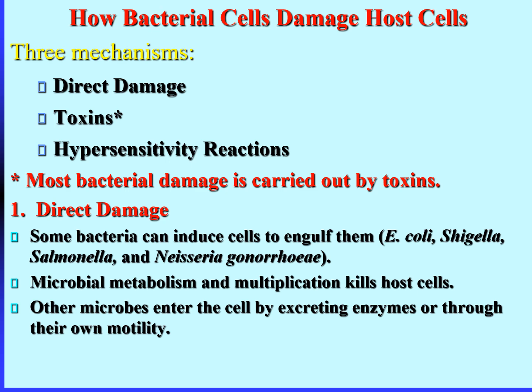Direct damage: some bacteria can induce cells to engulf them, for example, Escherichia coli, Shigella, Salmonella, and Neisseria gonorrhoeae. Microbial metabolism and multiplication kill the host cells. Other microbes enter the cells by excreting enzymes or through their own motility. يعني البكتيريا تكون motile. فعن طريق واحدة من هاي الستبس the bacteria can cause direct damage to the host cells.